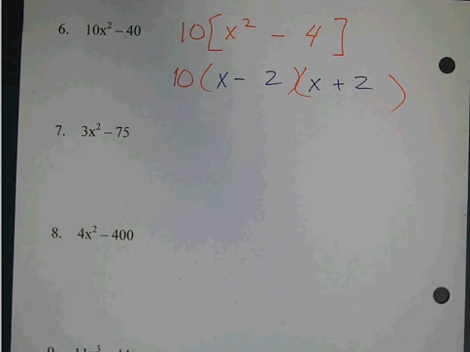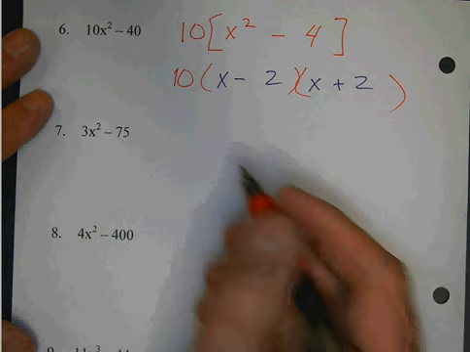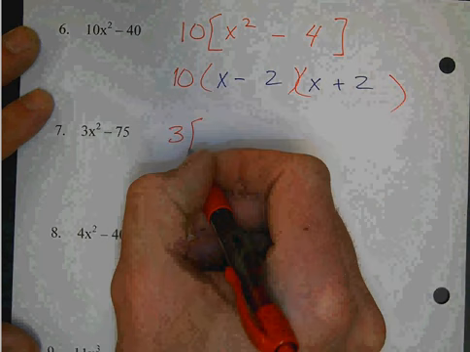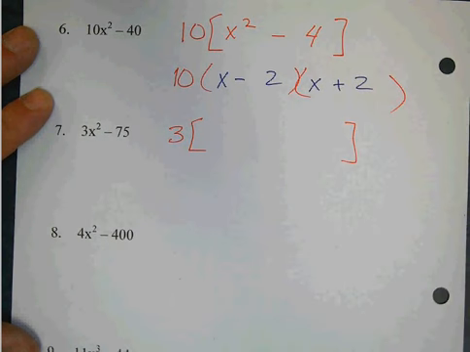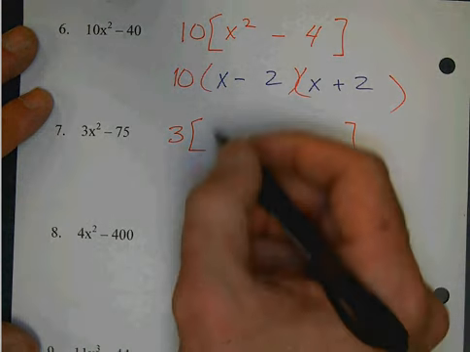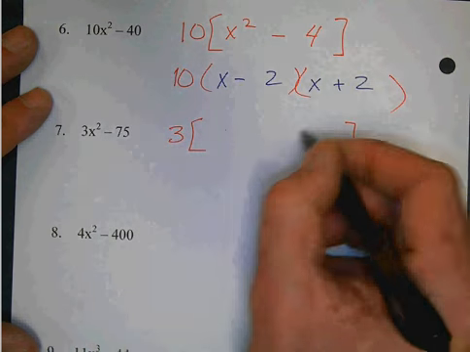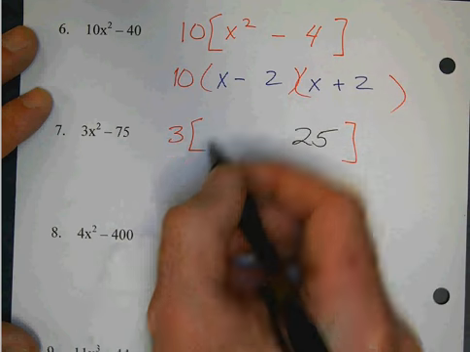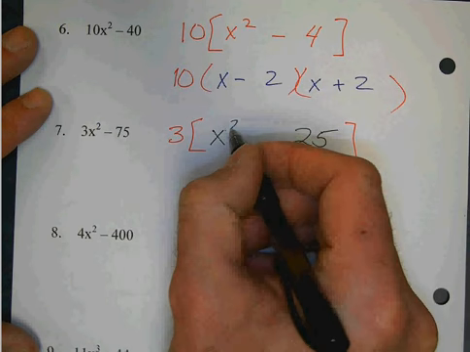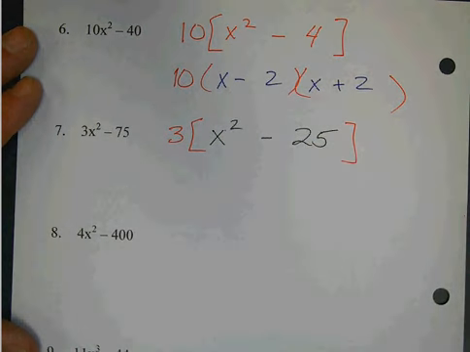All right, look at the next one. GCF. What do you think? Raise your hand if you think you see it. Zach? 3. What's left? Go ahead, Zach. 25 is left on the back end. And x. So x squared minus 25 is left.